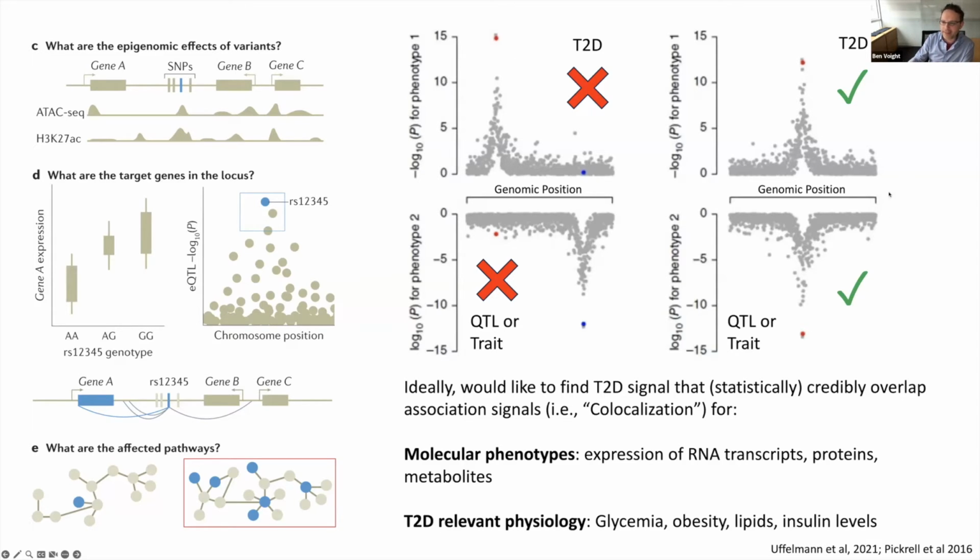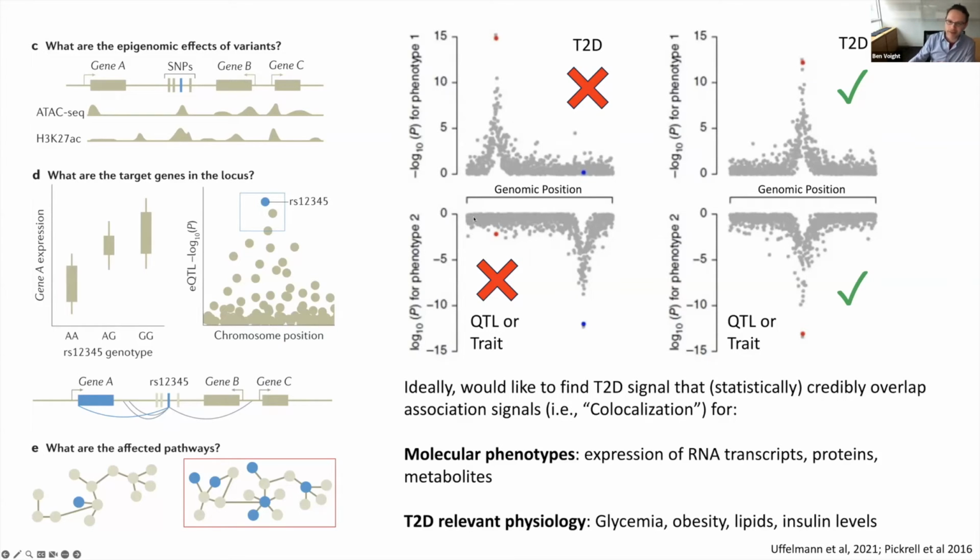What we'd like to see is the example on the right, where you've measured the expression of a nearby gene, and you've got an association between one genetic variant and that gene, and it turns out that same SNP is also the most associated variant with type 2 diabetes. That suggests there's nice overlap between the association and this molecular phenotype, maybe even giving you a clue that the mechanism by which type 2 diabetes changes is through change in gene expression of that nearby transcript.